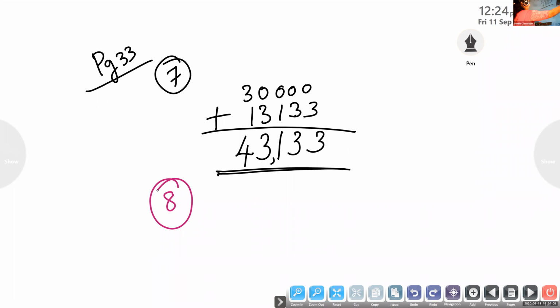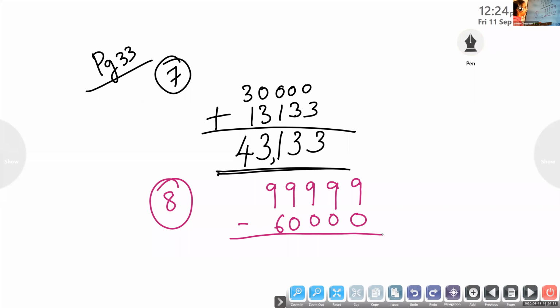Question number 8: when we subtract 60,000 from 99,999, we get? You have to subtract. 99,999 minus 60,000. 9 minus 0, 9.